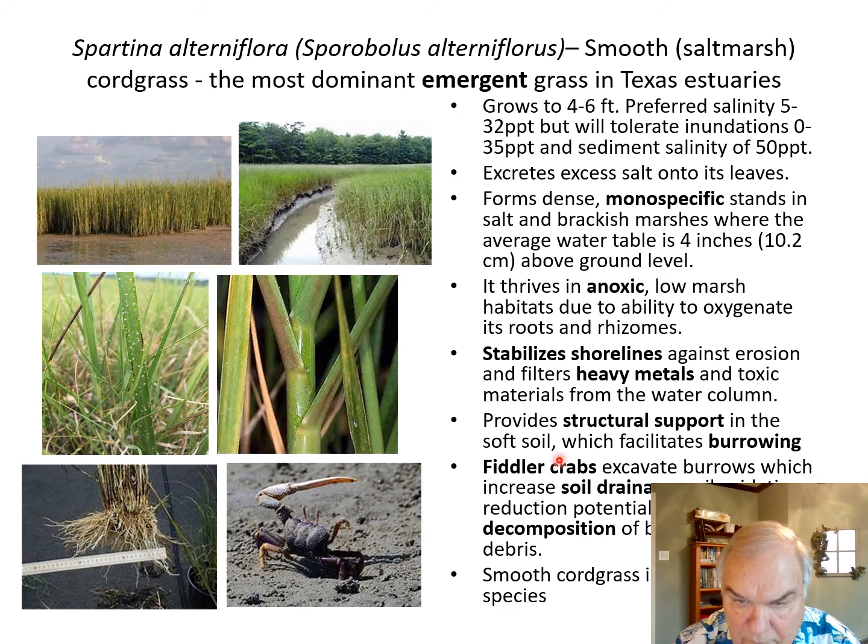Doesn't have any competition for space. It provides structural support to soft soil, which facilitates burrowing, particularly by the fiddler crabs. Mostly wherever you find Spartina grasses growing around the edge of an estuarine body of water, you'll find fiddler crabs excavating burrows, which actually increase the soil drainage and provide a little bit of oxygen into the sediment as the oxygenated water drains into that soil.